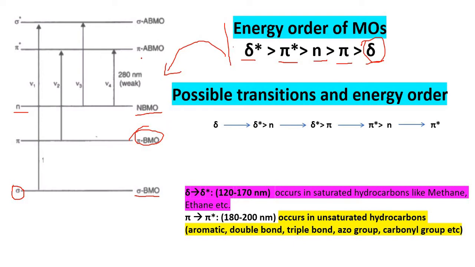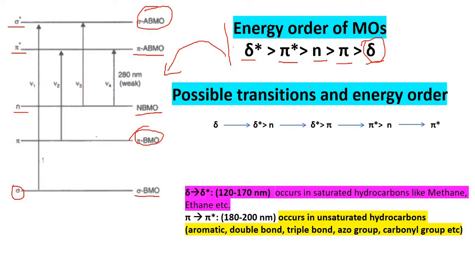Whereas pi star is an anti-bonding molecular orbital, pi ABMO, and sigma star is the anti-bonding molecular orbital of the sigma bonding molecular orbitals.